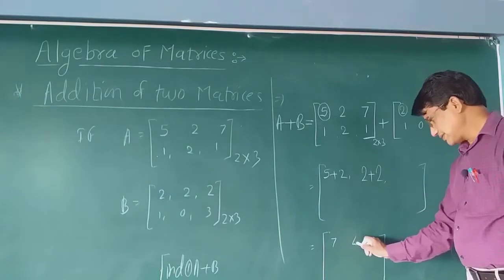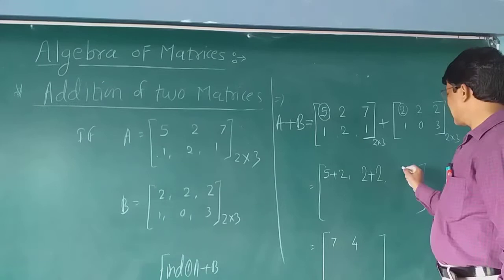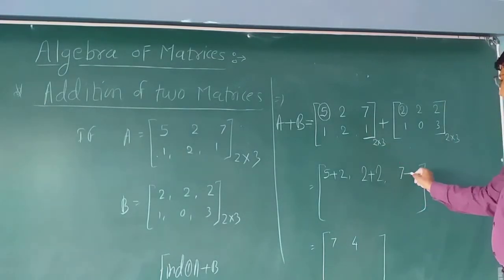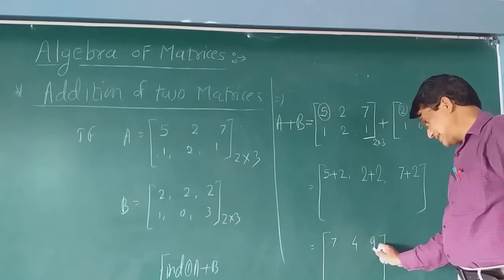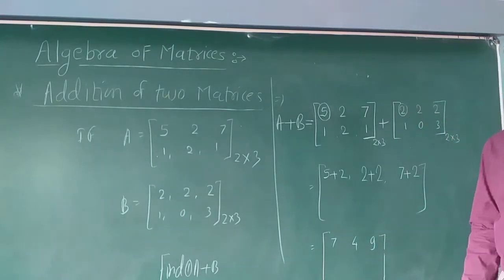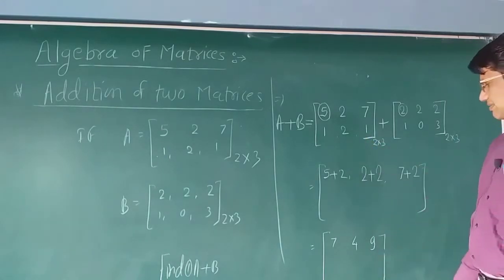Same way, the number 3. Here number 7 plus here 2. What is the answer? 9. 7 plus 2 is 9. Okay, now this is about row first.